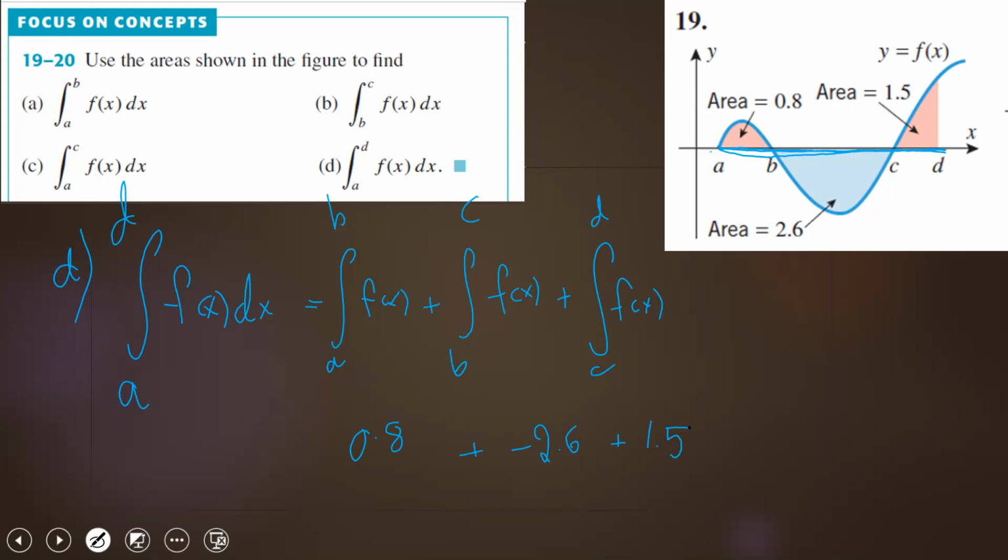So now let's add them here. 0.8 plus 1.5 is 2.3, minus 2.6, it will be negative 0.3. So the area of A to D for f of x dx is, sorry, negative 0.3. Is it clear now, number 19 here?